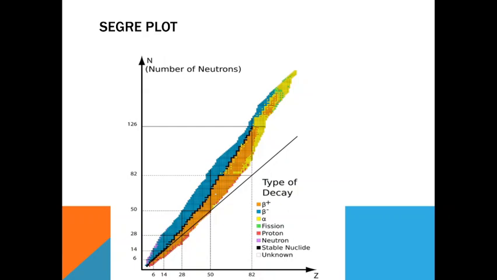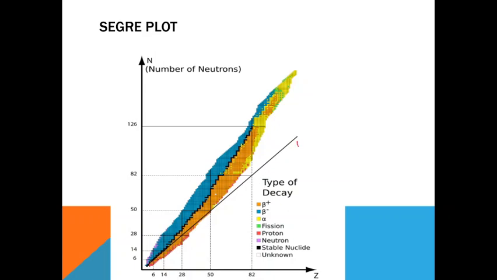It is a graph which plots between two variables, one is neutron, another is proton. Now let me explain this graph. This line out here, can you see this straight line here?